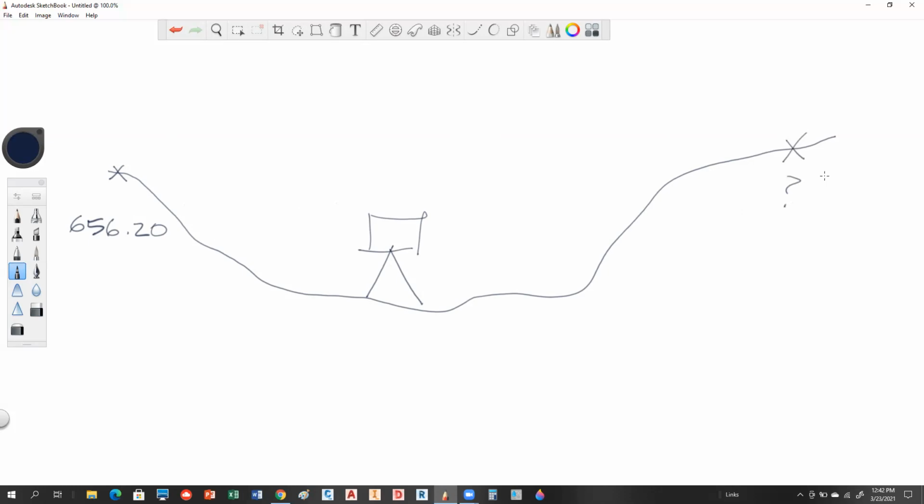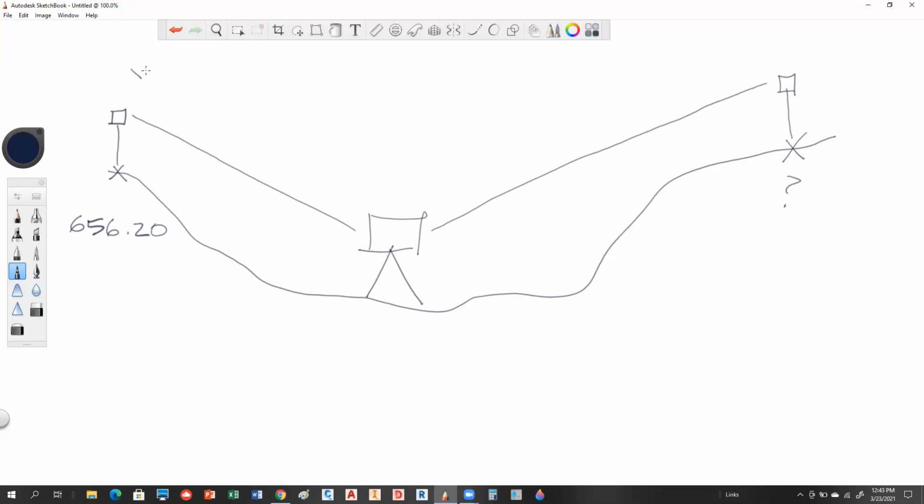But by using a total station with a rod, I can shoot that distance. Actually, what I'm getting is a vertical difference. And I can take that rod and put it over here and shoot this guy, okay? So let's put some numbers here.